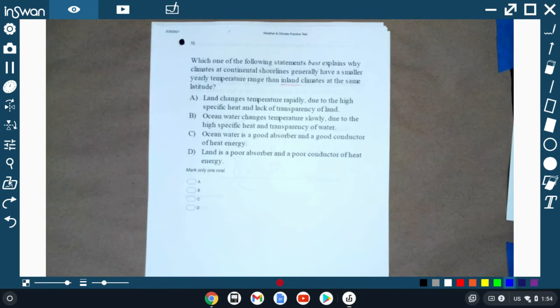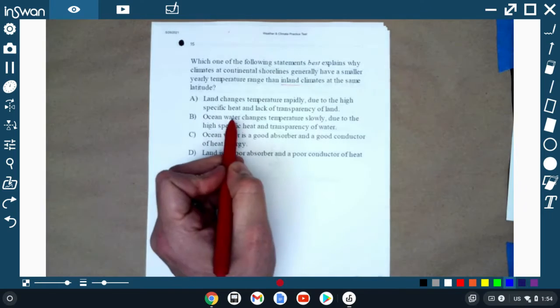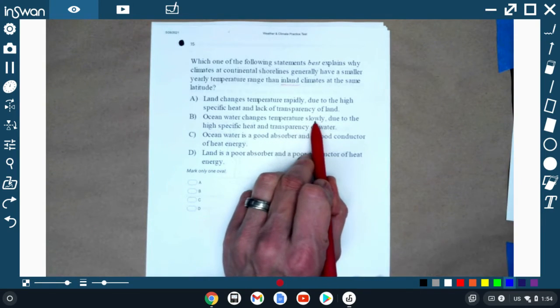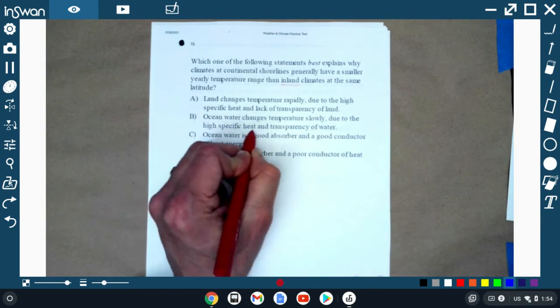Let's remember that the temperatures change less on the coast, and that's because water has a high specific heat. It takes a long time for the water to warm up, and it takes a long time for it to cool down. So ocean water changes temperatures slowly due to the high specific heat.